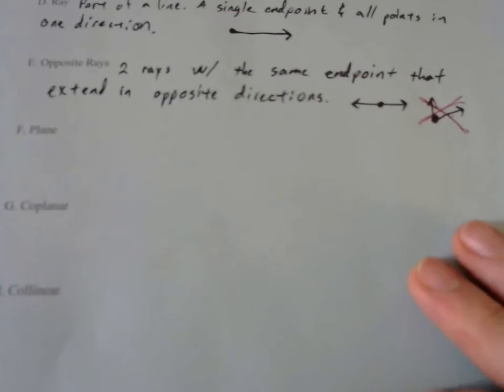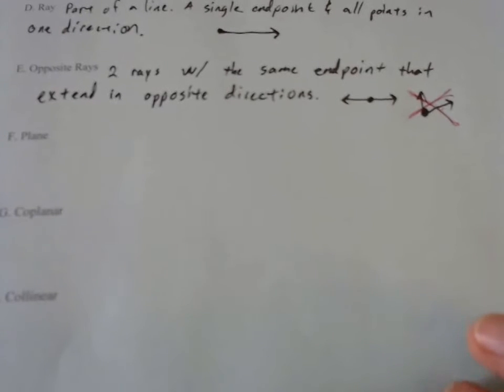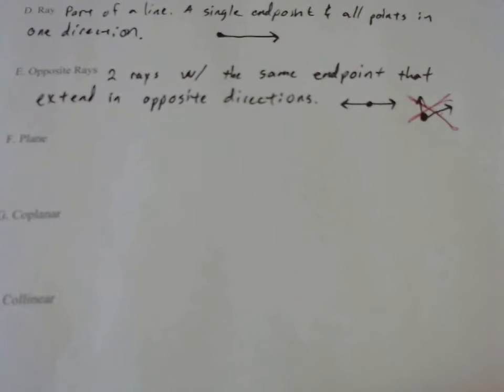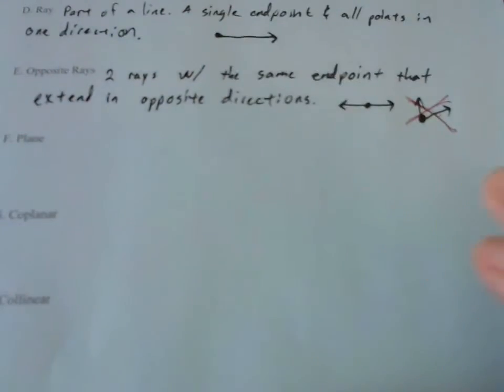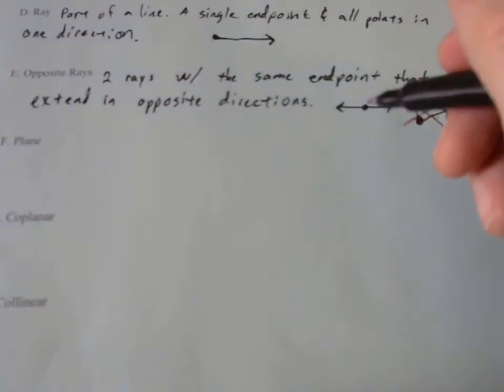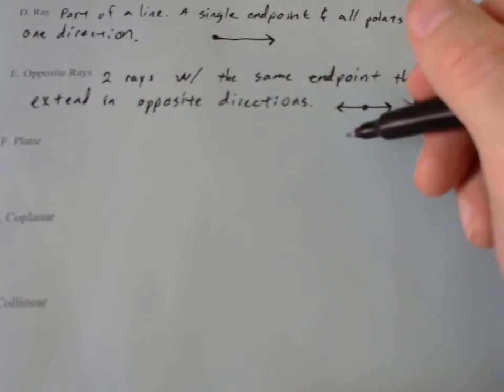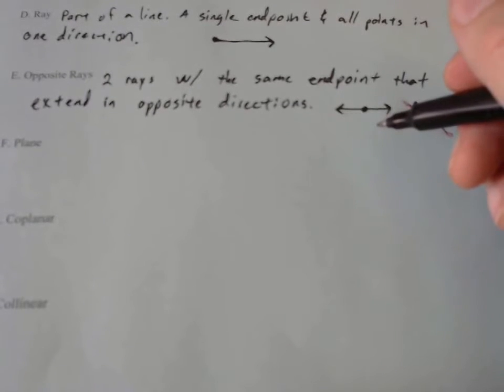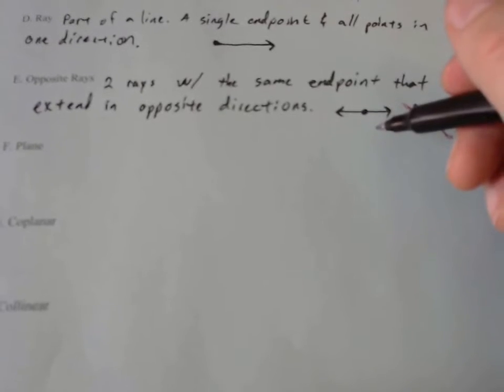Okay. Our next one is going to be very difficult to draw a picture for. In fact, I'm not going to even be able to, because for the most part, planes are any flat surface, or any flat surface that extends infinitely in all directions. So like the top of your desk, or the wall, the ceiling, the floor, those kind of things, any flat surface.